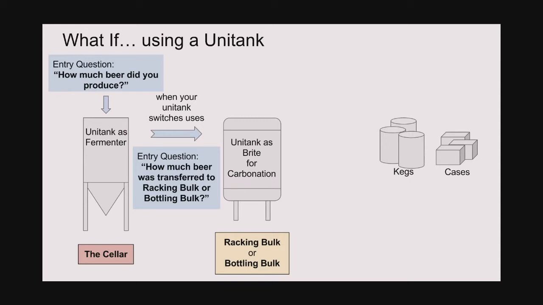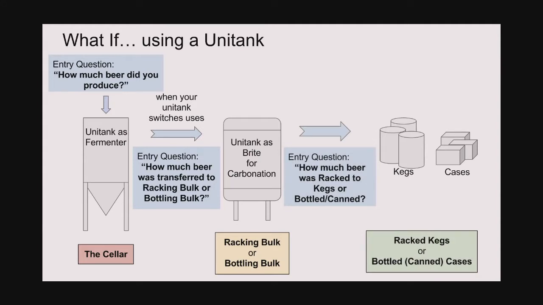And then this cellar amount is transferred inside TTB Tamer to the racking bulk or bottling bulk inventory. And then everything else is the same. When you are ready to keg or bottle or can, you answer the question how much beer was racked to kegs or bottled or canned, and then the inventory flows into kegs and cases. And then same as before, when you remove this for consumption or sale, this amount is taxed.